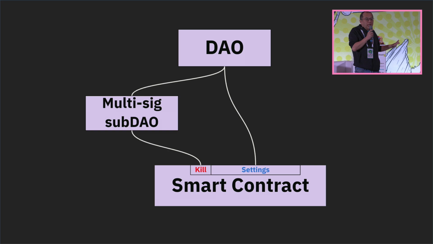And in real life, it may be way more complicated than this. You may have different departments controlling different groups of settings in your smart contract. Totally reasonable, but at least do this.